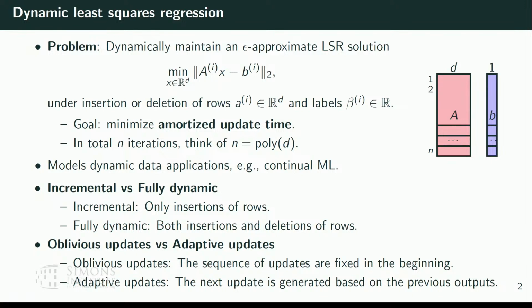These two are the same if the algorithm is deterministic. But if the algorithm is randomized, then adaptive updates can be much harder, because the next update could depend on the randomness that you use in your algorithm. So it could break some independence that we might use in the analysis.